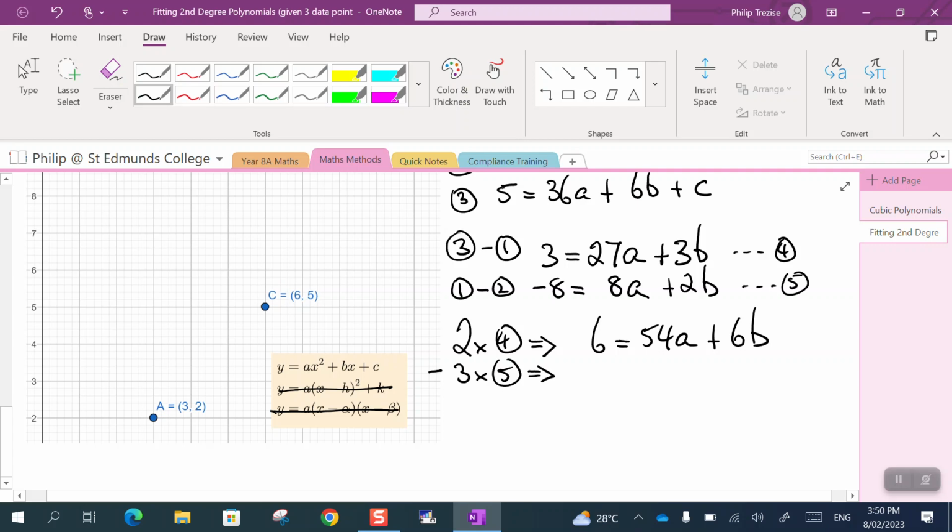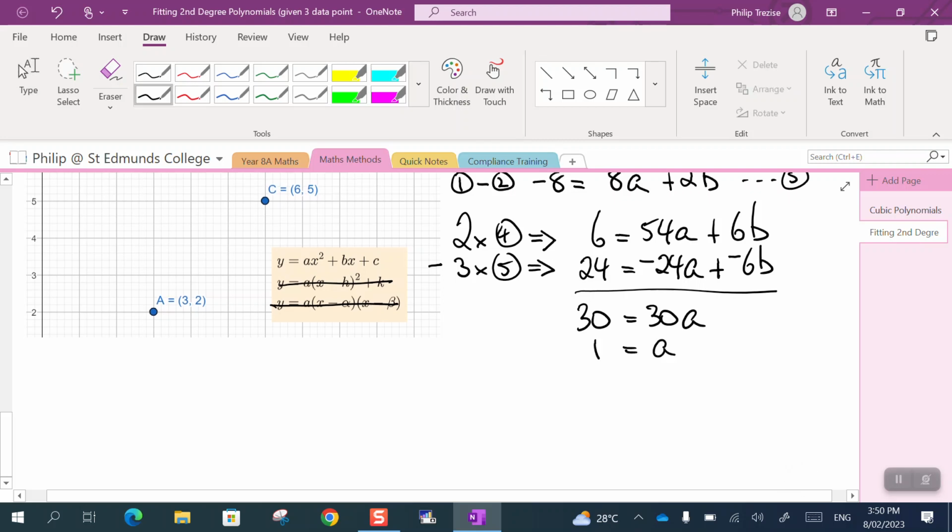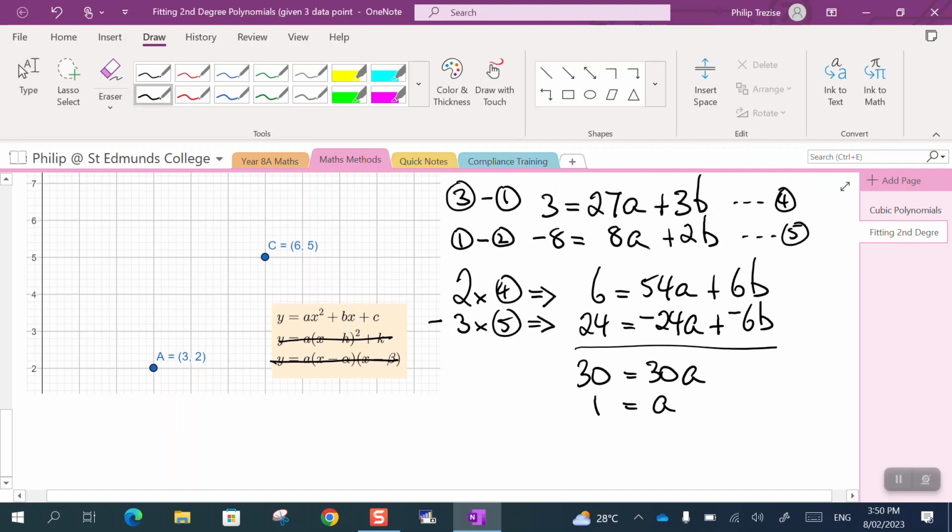So negative 3 by negative 8 would be positive 24, and then that would be negative 24a, and then I would have negative 6b. Adding these equations should eliminate b. So 6 plus 24 gives me 30. 54a added to negative 24a gives me 30a, and then 6b take 6b is gone, so it looks like a equals 1. How nice.